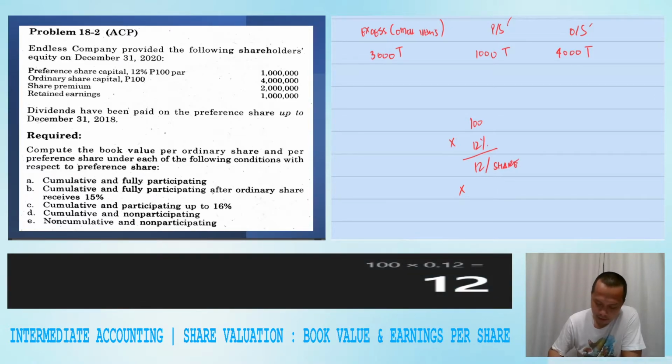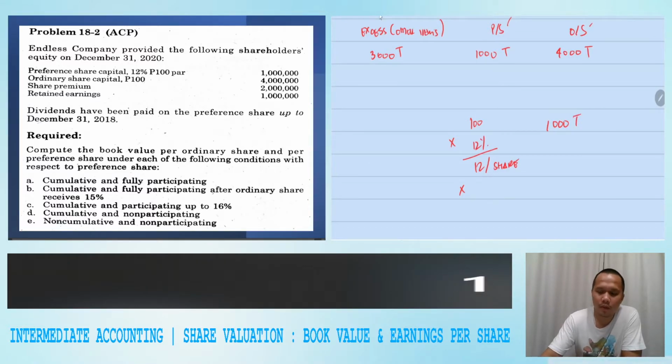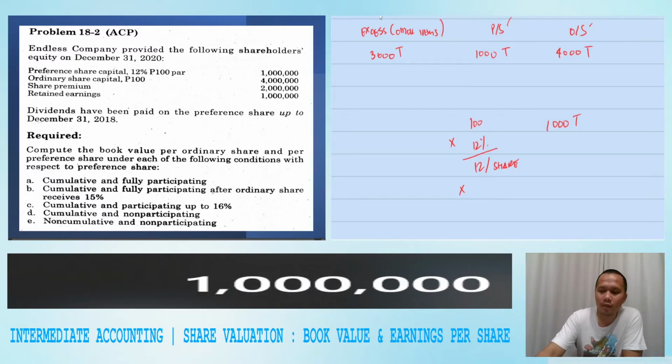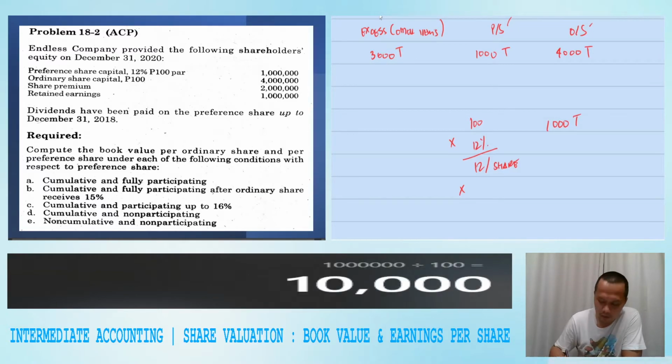Na ang number of shares natin, if we have a 1 million total par value, the total number of shares, we have 10,000.